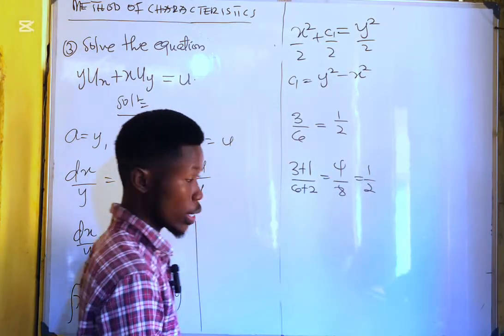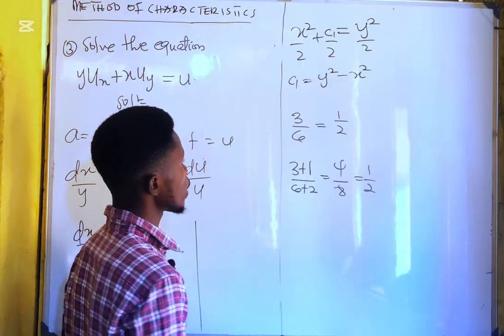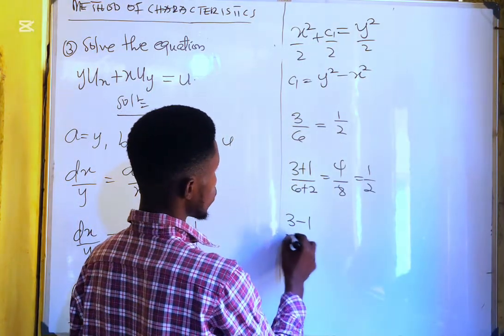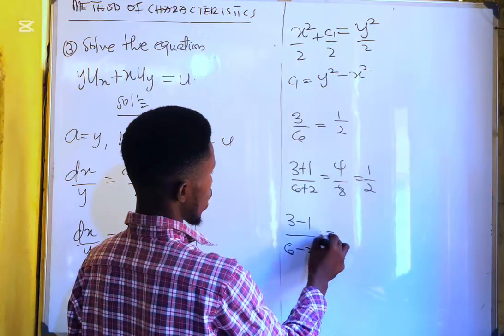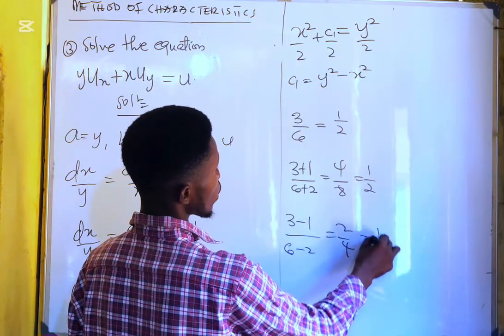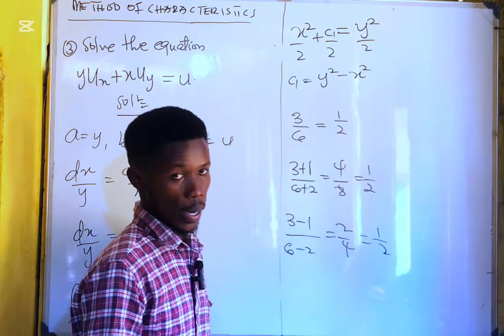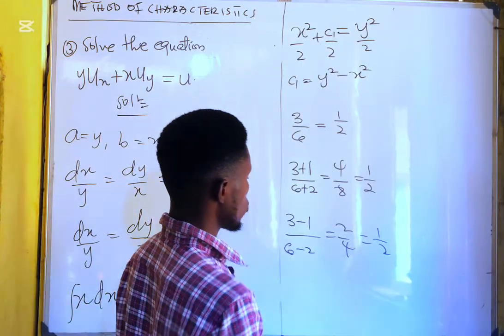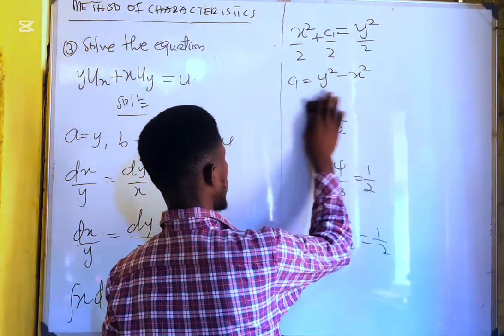I hope you are seeing it. This is algebra. The same thing happens if I have 3 minus 1, 6 minus 2, I have 2 over 4, which is the same as 1 over 2, right? Just understand this. I'm going to use it for something important.